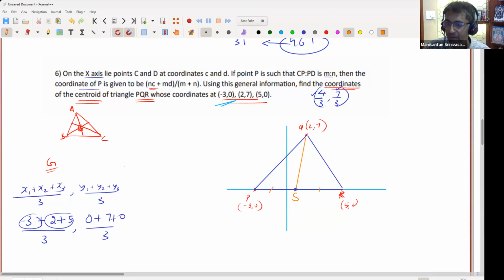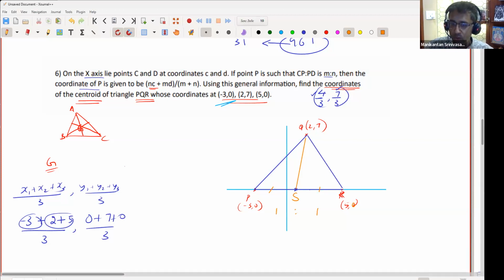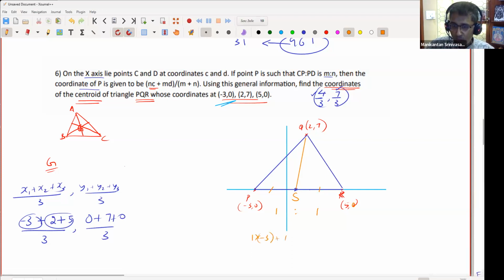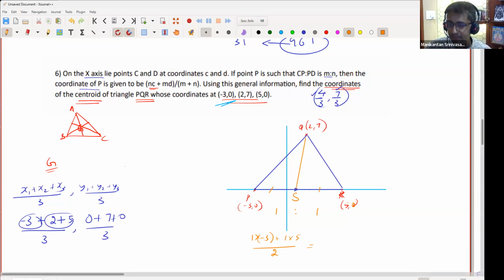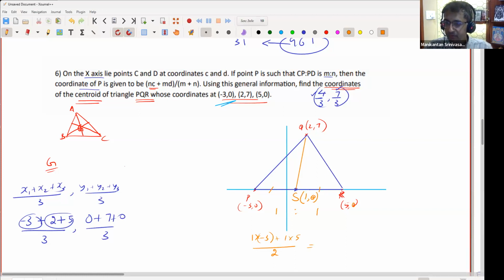It's just a simple average of the two coordinates. In fact, even if we didn't know that, we can apply this formula. The ratio is 1:1, so the coordinates of the point will be (1 into -3 plus 1 into 5) upon (1 plus 1), which is just a simple average. So 5 minus 3 upon 2, which is 1. So the coordinate of S is 1,0, which is the simple average of the two points.